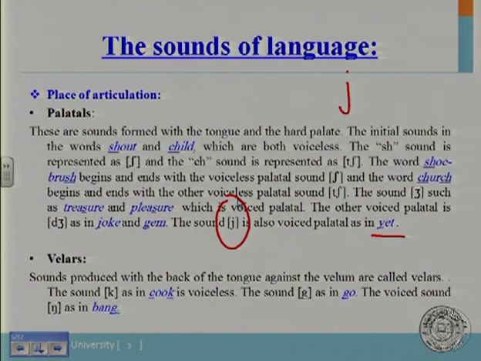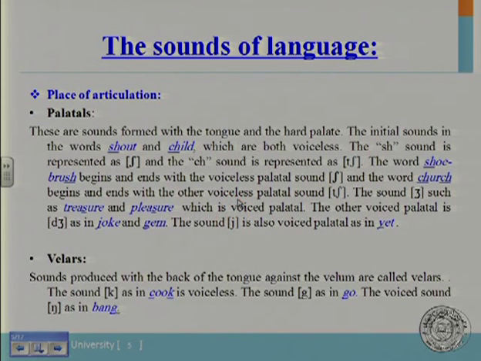And also we have another example here, yes. Yes has the sound of this symbol yeah. Again, this is a voiced palatal sound.